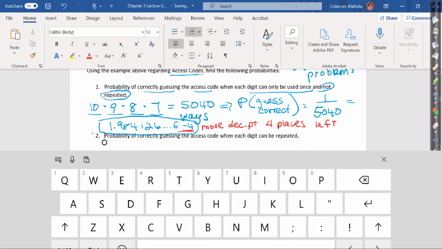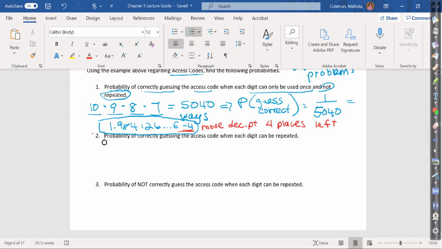So 4 places to the left. So right here is my decimal point. 4 places to the left. I'm just going to put my decimal point right here, and it's going to add 3 zeros.